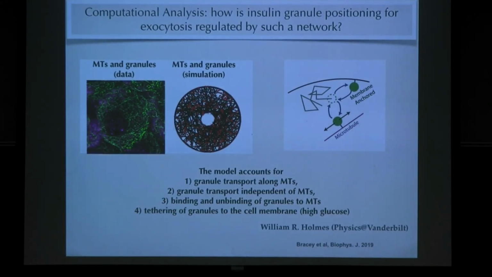The model accounts for the granules moving along microtubules, they can diffuse in a microtubule-independent manner, they can also bind and unbind to microtubules, and they can also bind and unbind to the cell membrane, which is normally stimulated by high glucose. And of course, all of these conditions were modulated one way or another in the model.